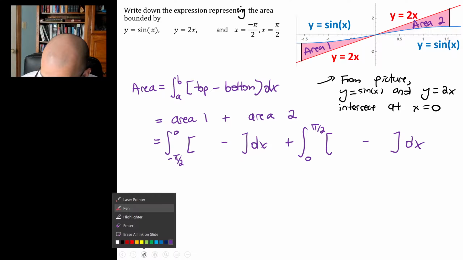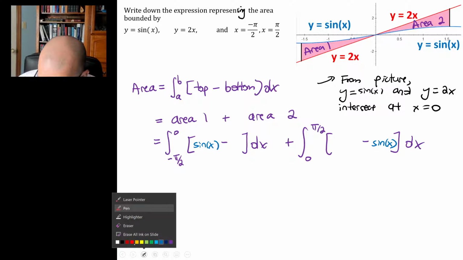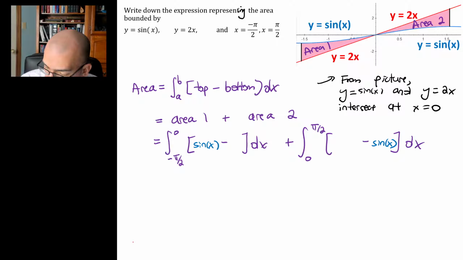Now let's look at the picture. In the first region, the higher y value, the part that's on top, is sine of x. But in the second picture, that's the bottom part. And the top part in the second region is 2x, and the bottom part in the first region is 2x. That's it.